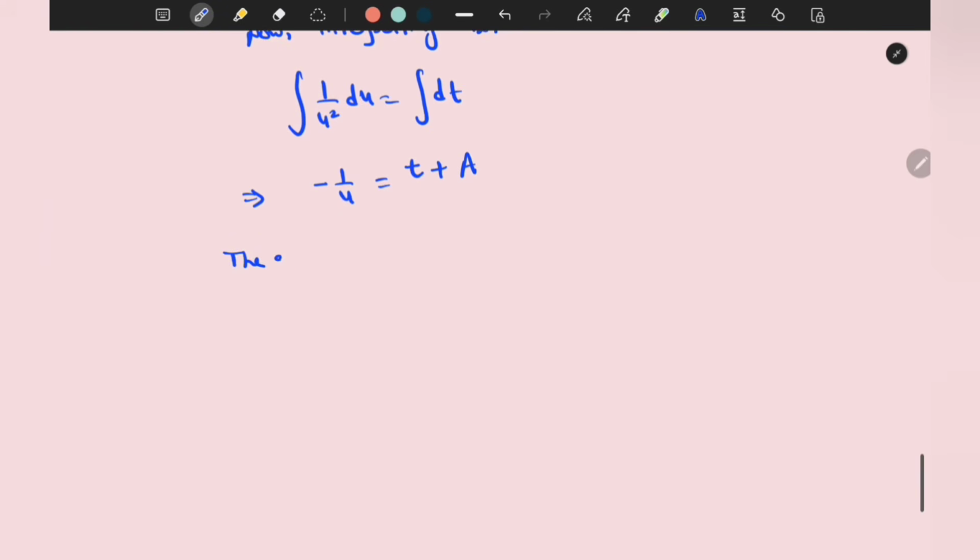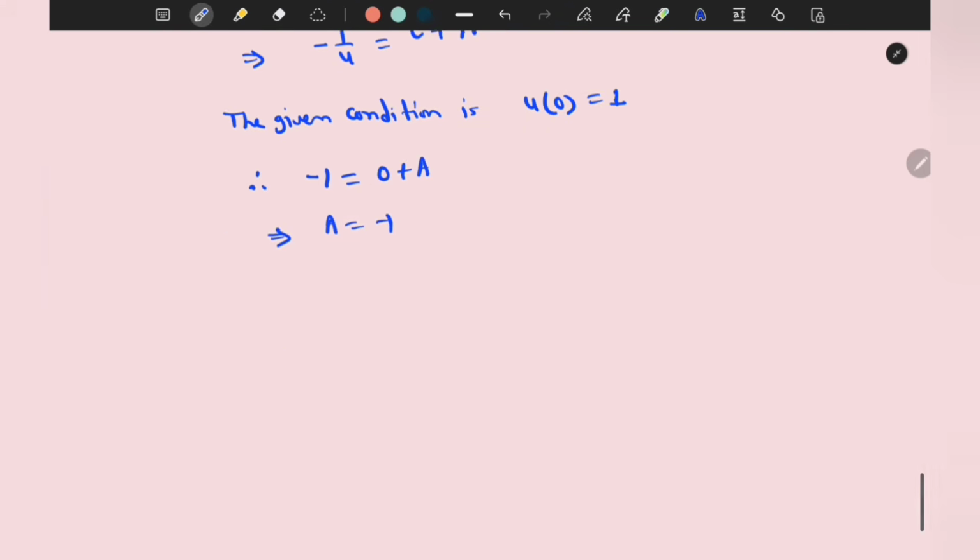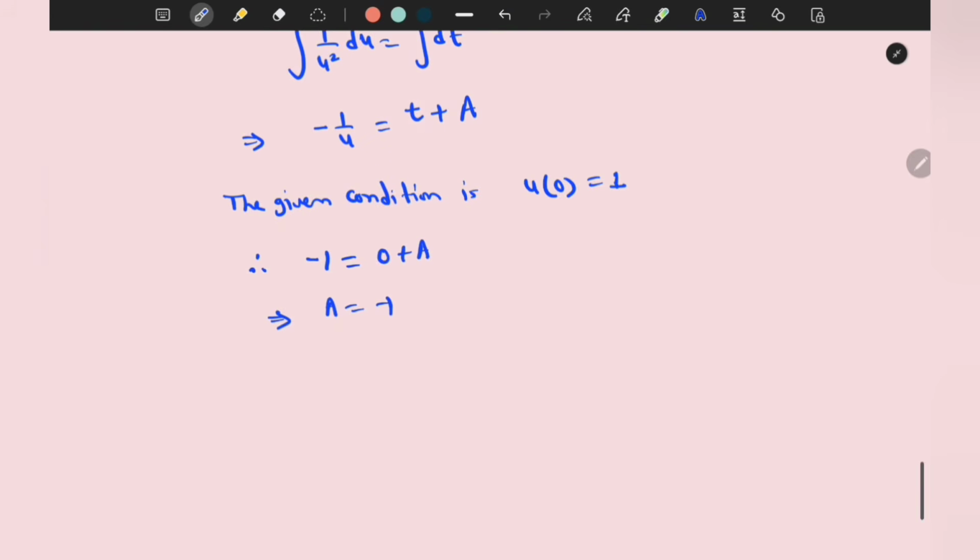The given condition is u(0) = 1. Therefore, by substituting t = 0 and u = 1, we get minus 1 = 0 + a. So a will be minus 1. We plug this a into the equation.